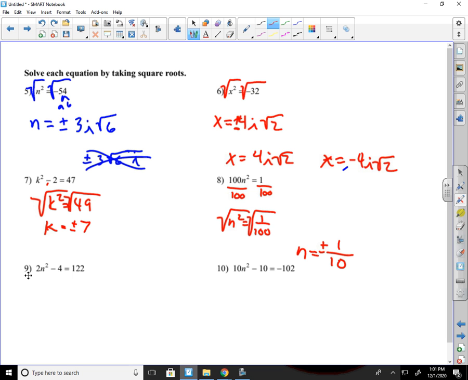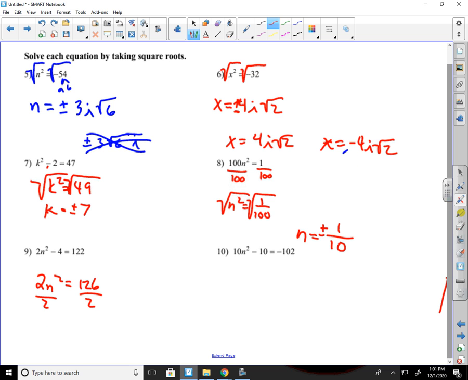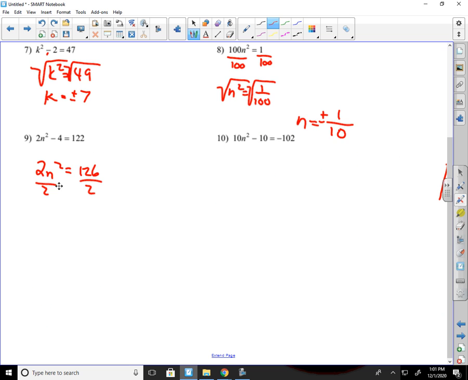Number 9 here, add the 4 over, gives me 2n squared equals 126. I think I said add the 2 over, it's a 4, obviously. Divide by 2. It gives me n squared equals 63.